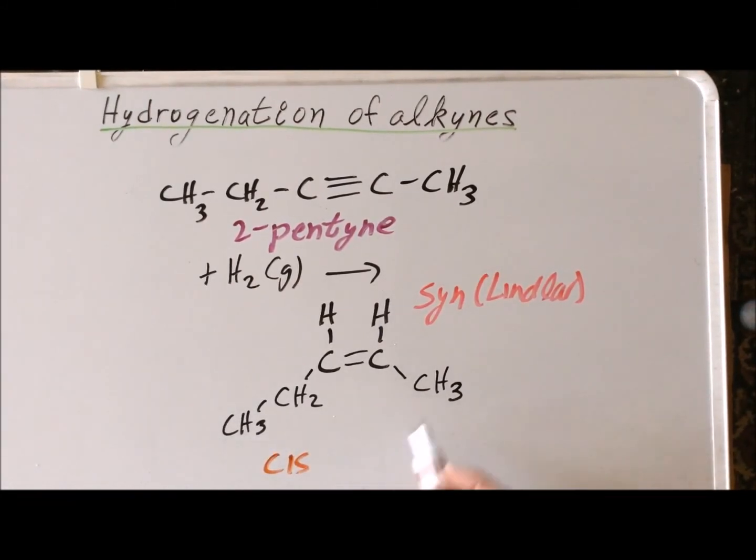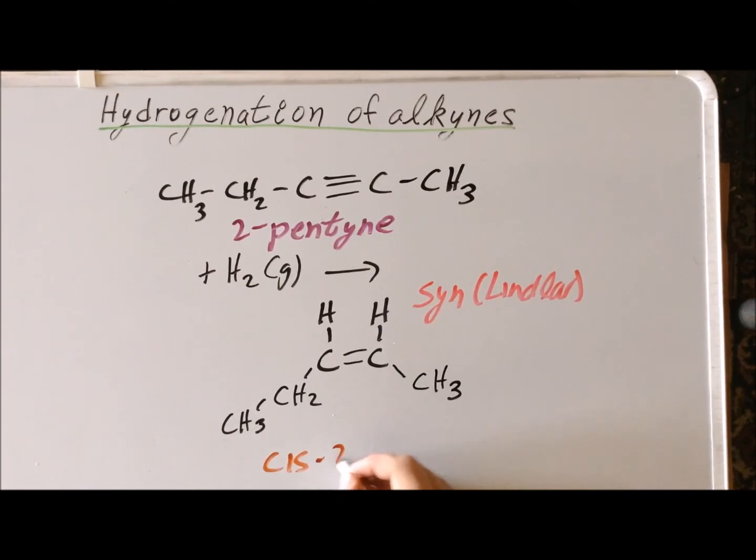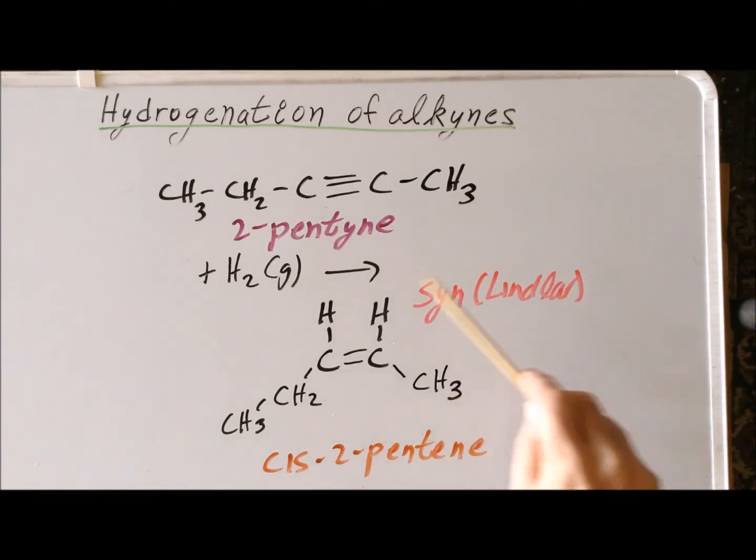This is both on the same side. So this is cis-2-pentene. We get the specific cis isomer by reaction using the catalyst that we pick, which is the Lindlar catalyst, to achieve syn addition. Please see the following figures to see what this looks like in the gas phase.